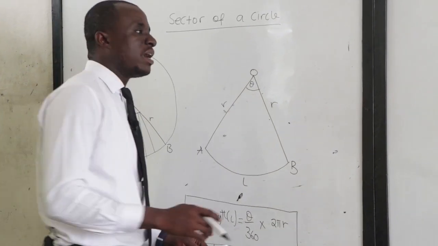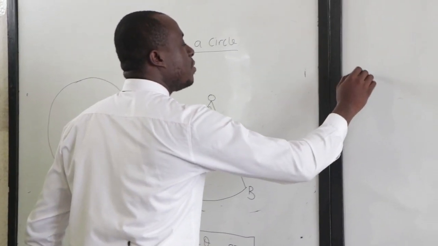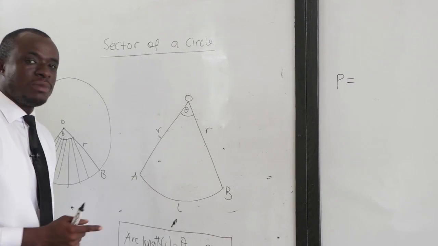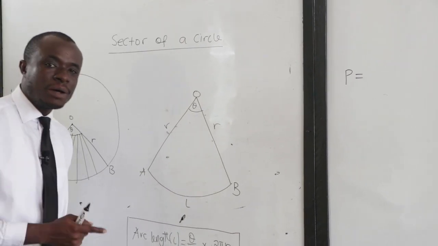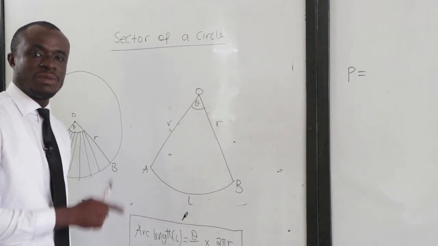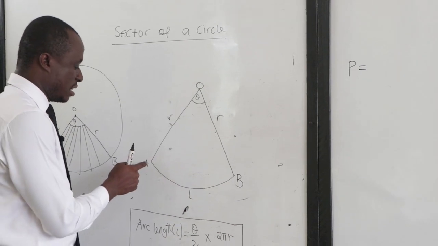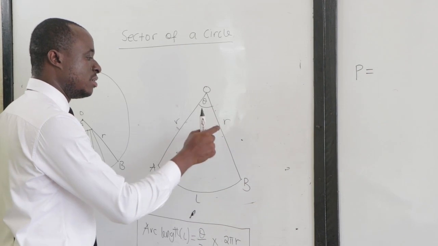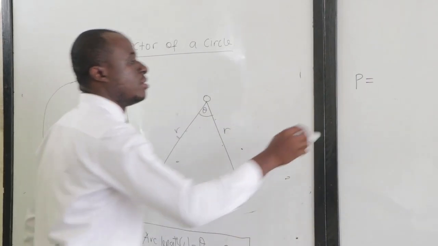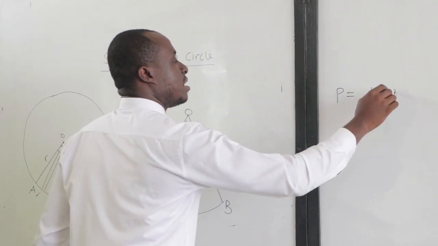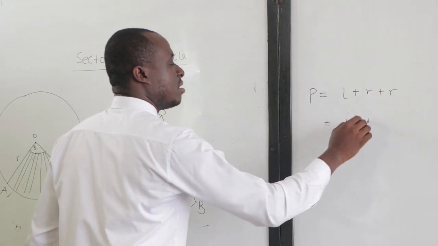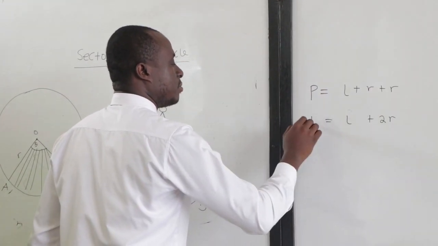Now, if we want to find the perimeter, let's look at the sector carefully. Perimeter is the total distance around the outside of a two-dimensional figure. So clearly, our perimeter becomes what? That is the arc length L plus r plus r, which is the same as L plus 2r.